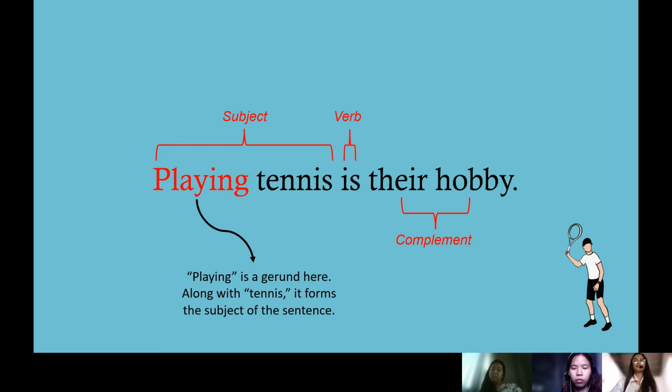Okay, example. "Playing tennis is their hobby." What is our subject? Playing tennis po. Okay. How about our verb? What is our verb here? "Playing tennis is their hobby."